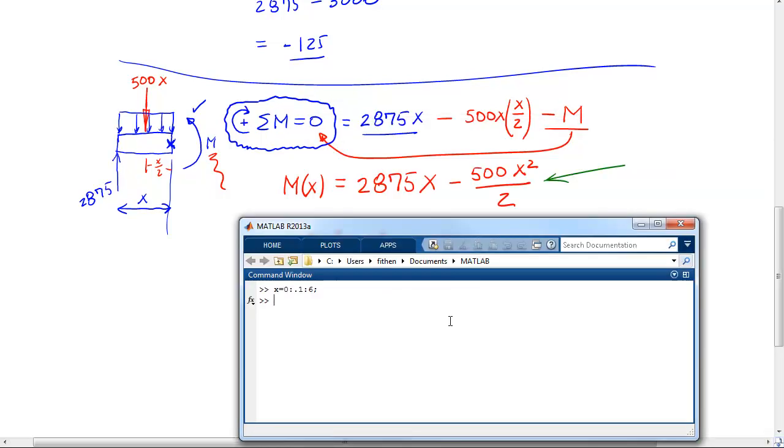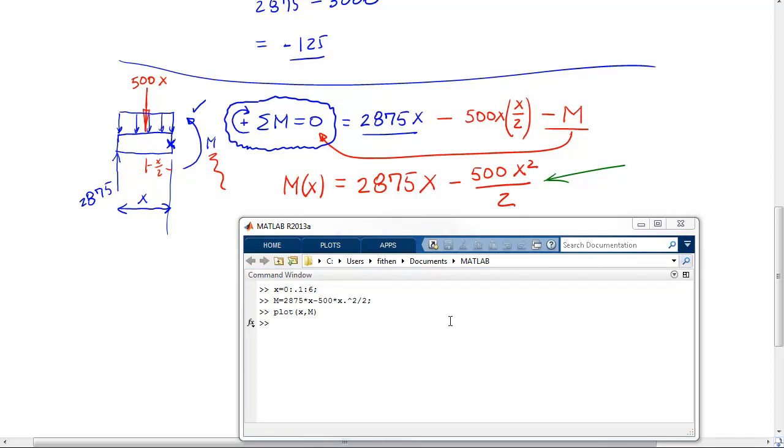Then I'm going to move the thing down, and I'm going to say the moment is equal to 2875 times x minus 500 times x, and I have to put a period here because of the way MATLAB operates, divided by 2. Now I'm going to plot x and moment.